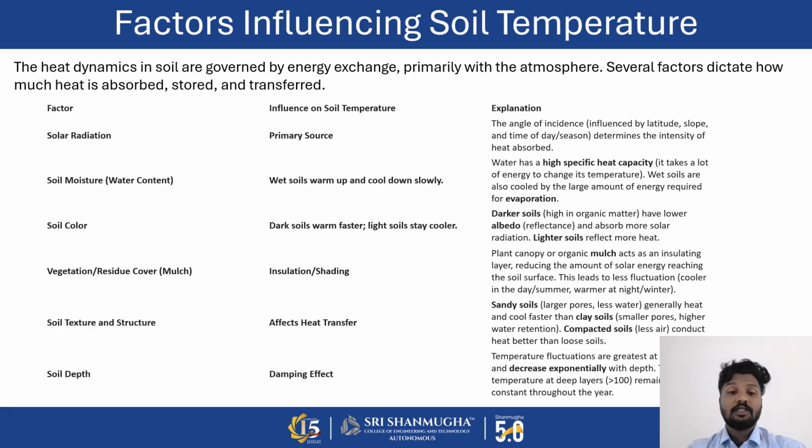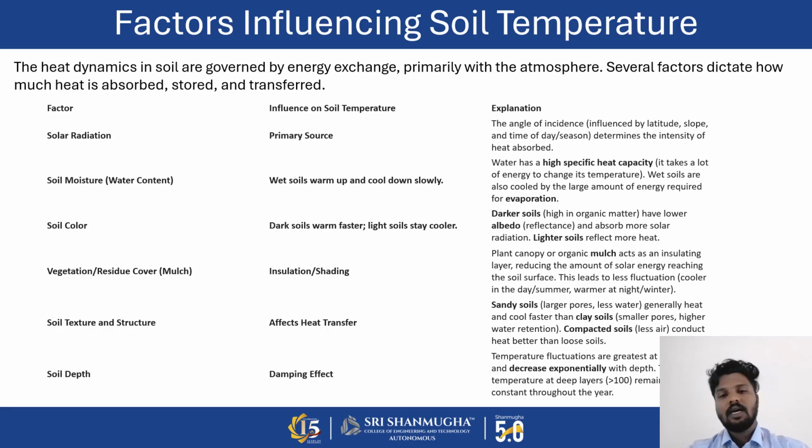Then vegetation or residue cover, I mean mulching activity, also plays a role in the changes in the soil temperature. Mulching is nothing but leaving the plant in the land after the harvesting to become a manure or a mulch for that land, restricting the water evaporation from the field.